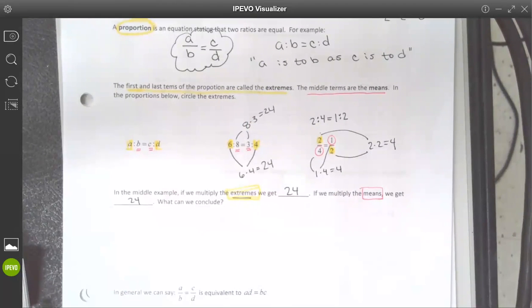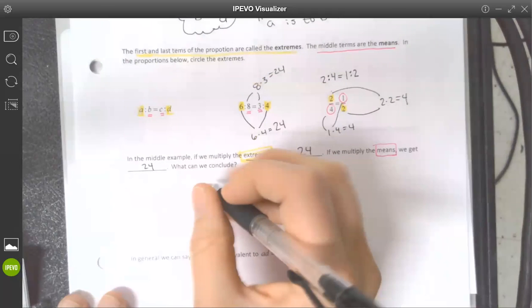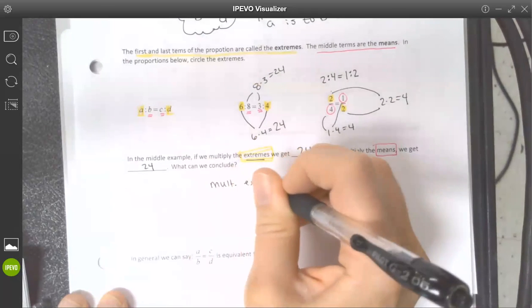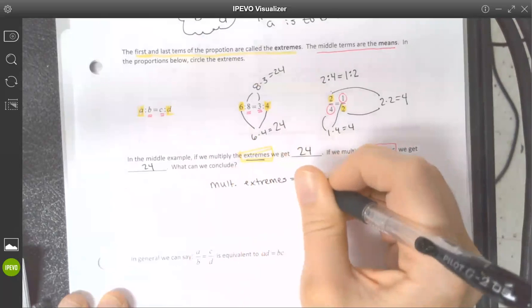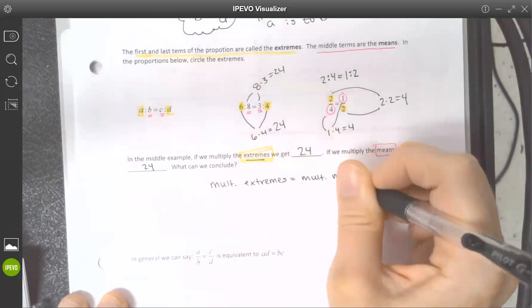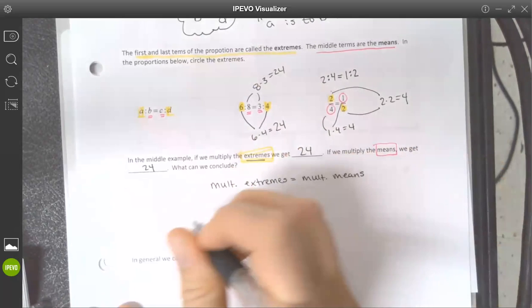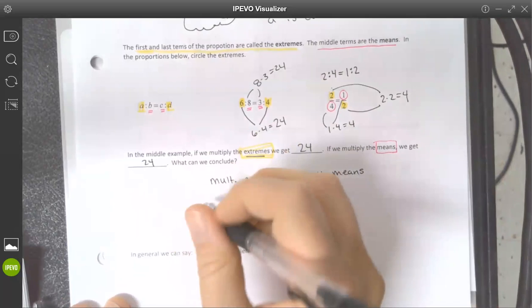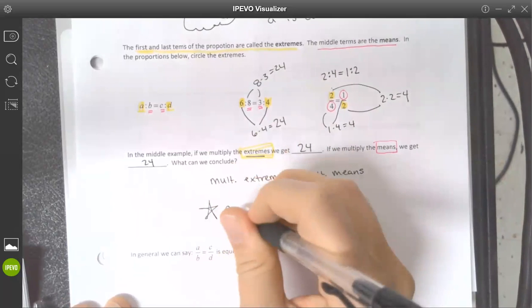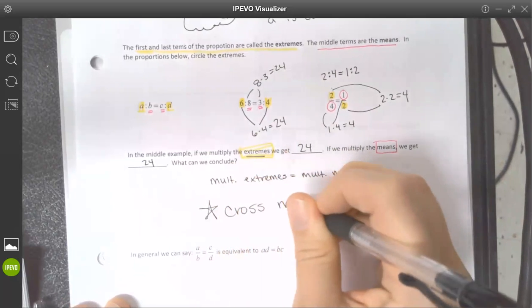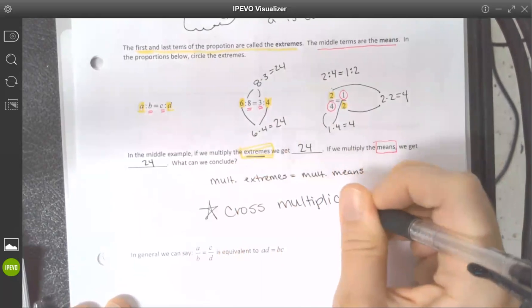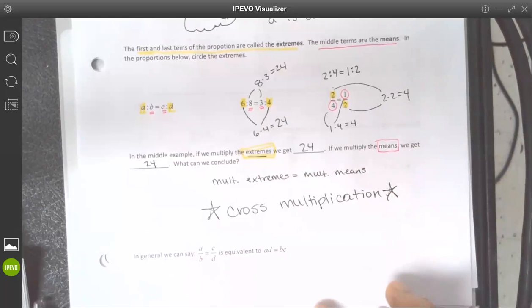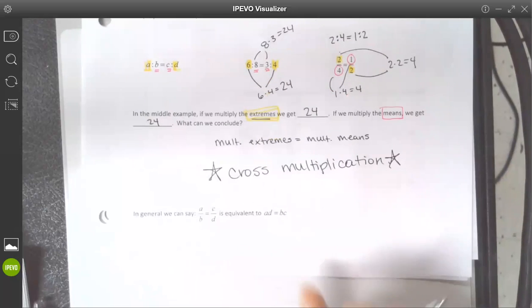So what we can conclude is that the product, or multiplying the extremes, is equal to multiplying the means. This is why cross multiplication works, and we did cross multiplication in algebra class.